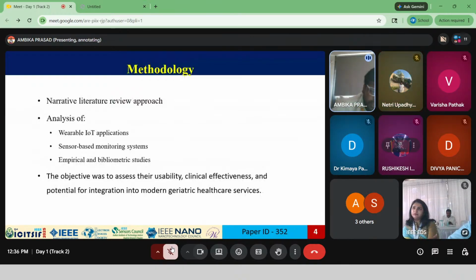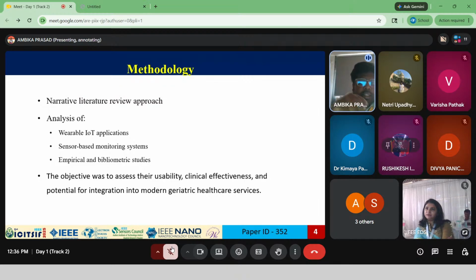The methodology was a narrative literature review approach, a conceptual literature review from various journals on various indexing sites. The analysis had primarily three parts: the wearable IoT applications, the sensor-based monitoring systems, and the empirical and bibliometric studies.